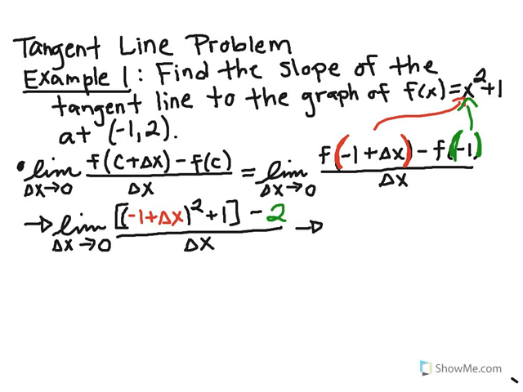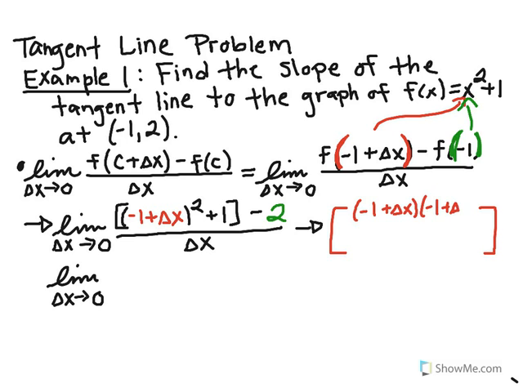All right, let's keep this going. I'm going to rewrite my limit below, because this is going to be a little bit big, and I want to have room to write it. So the red number is negative 1 plus delta x. I'm squaring that, and I'm going to do this business out here to the side. So this literally means I have negative 1 plus delta x times negative 1 plus delta x.